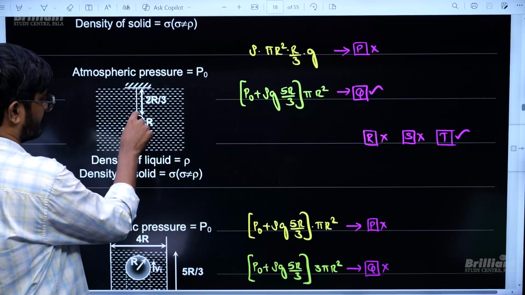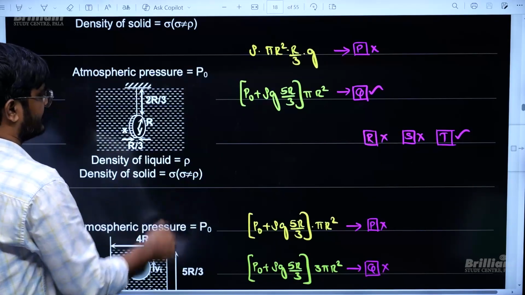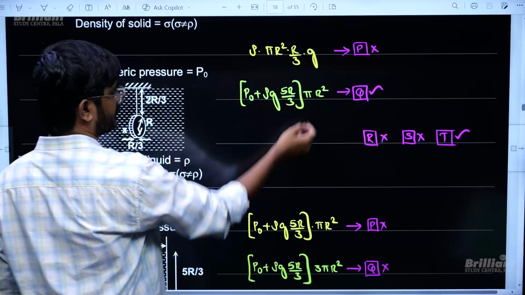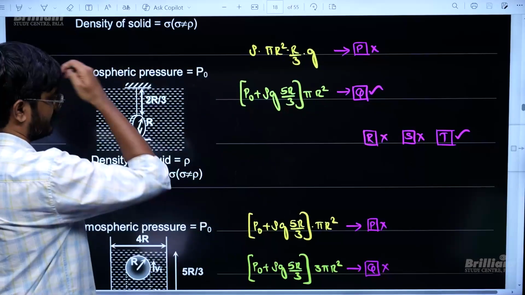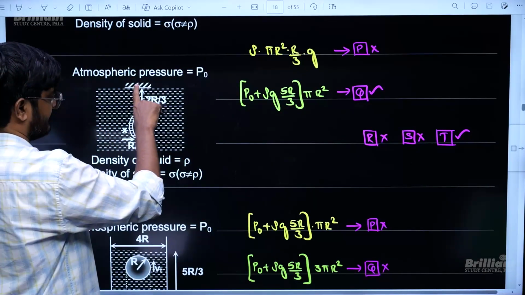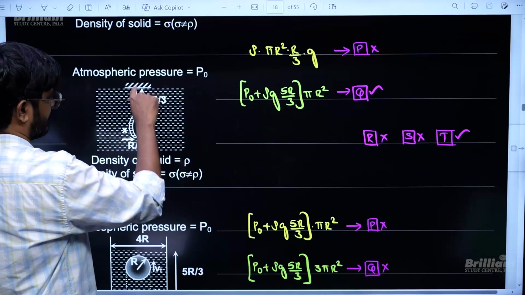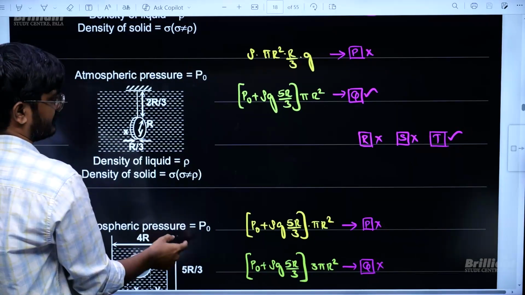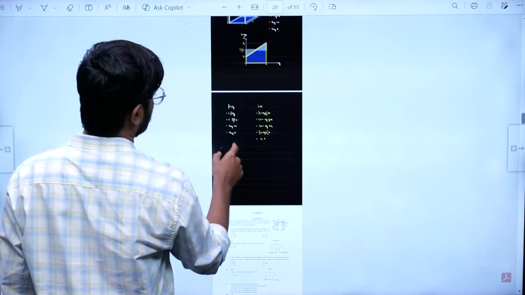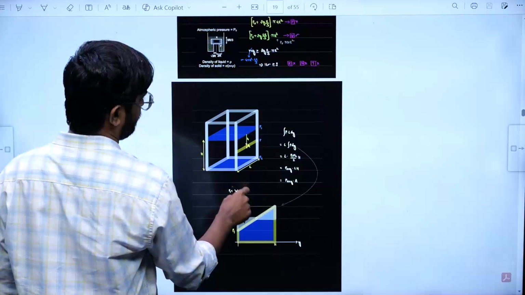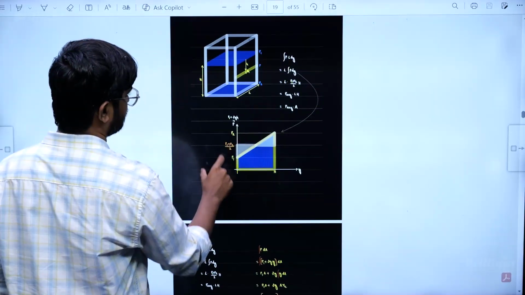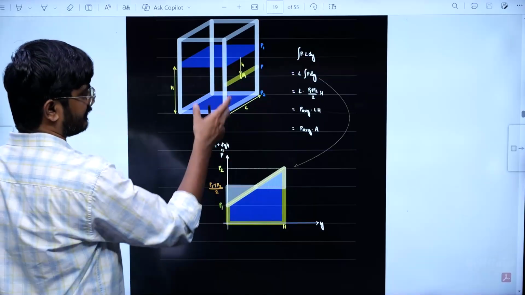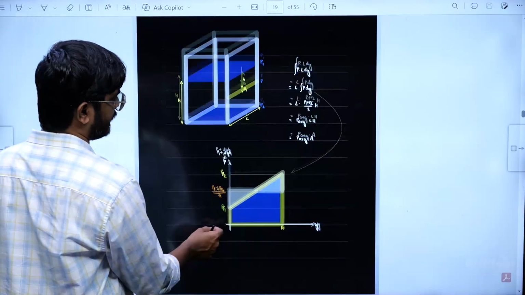Now, if you want to find the force on this flat surface, that is going to be pressure at the centroid times area. The centroid is at a distance 2r by 3 plus r, that is 5r by 3. If you want the proof of pressure at the centroid, like we would have done in the class, for a rectangle it is average pressure into area.